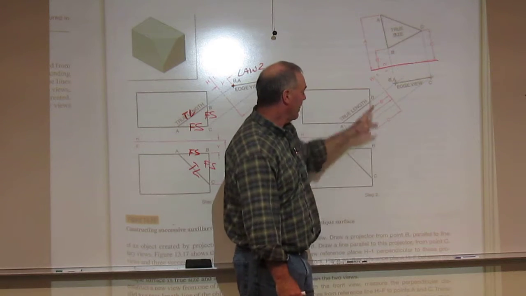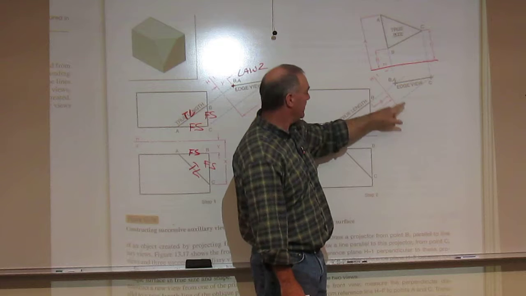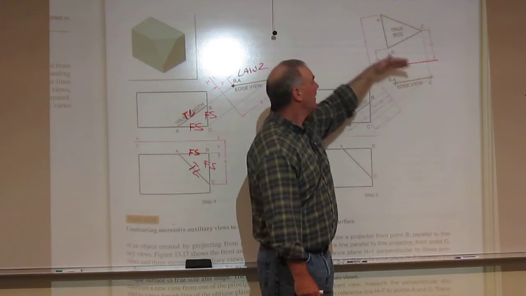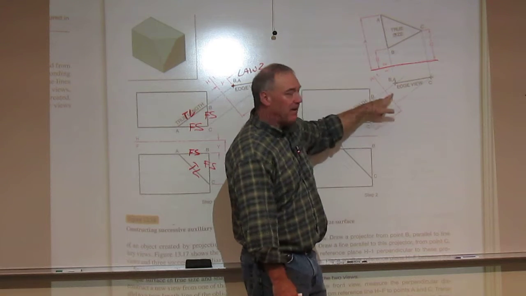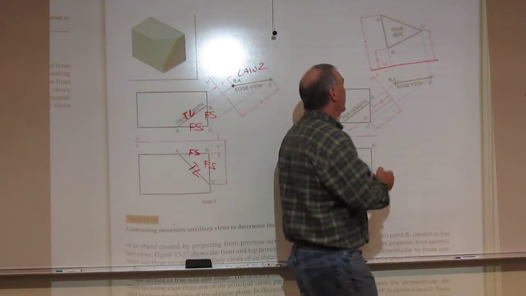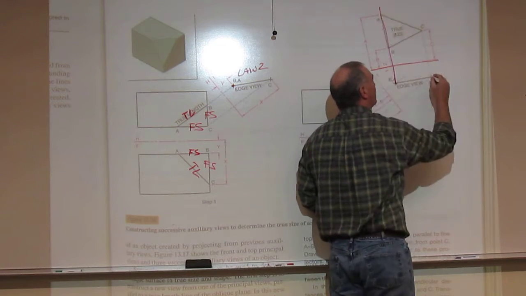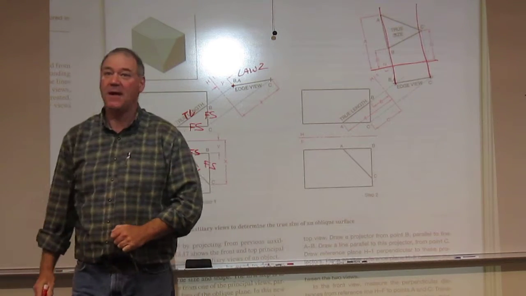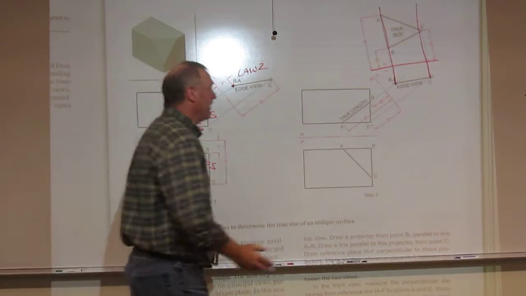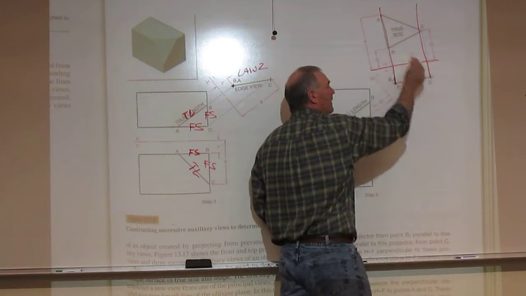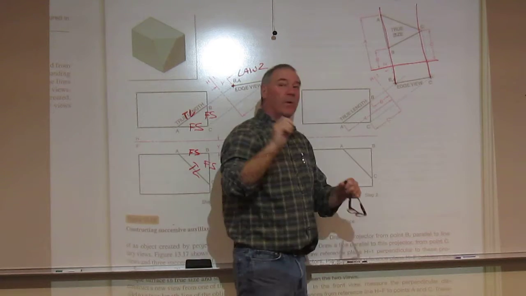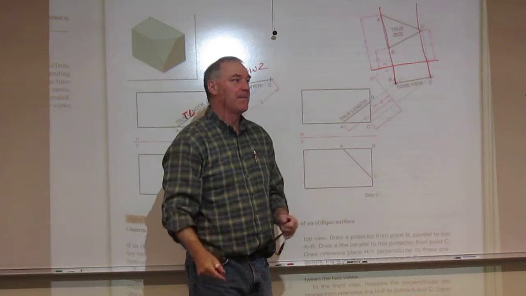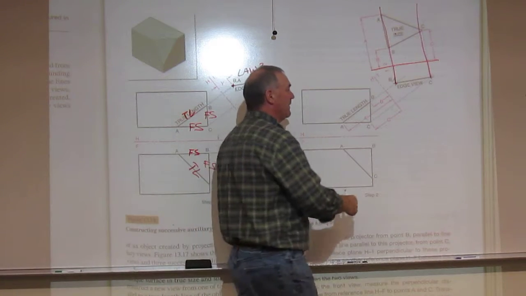Now, how do I do it? I've got edge view. I make sure I know my points, A, B, C. I'm going to draw that viewing plane. Law 1 of orthographic projection, we can then shoot those lines perpendicular to that viewing plane, correct? We still do that. Now, we know points A, B have to fall on this line, point C on here, but where? How do we know where? Well, you go back to your second view.